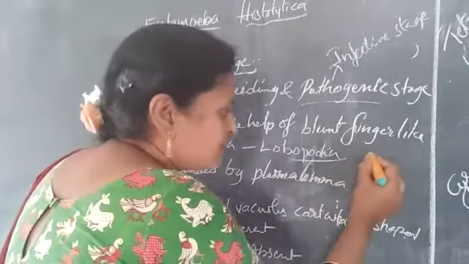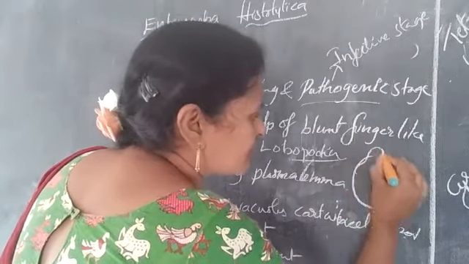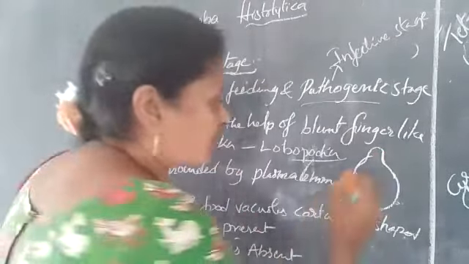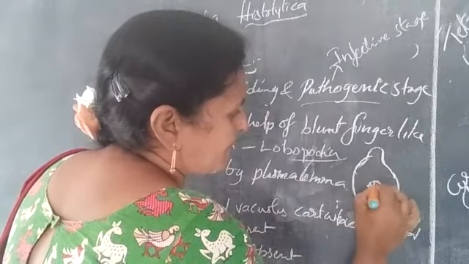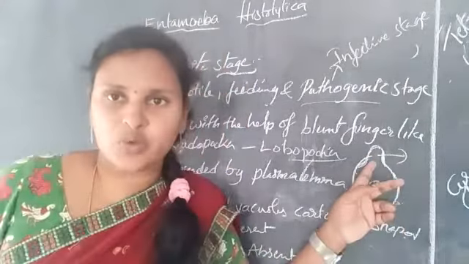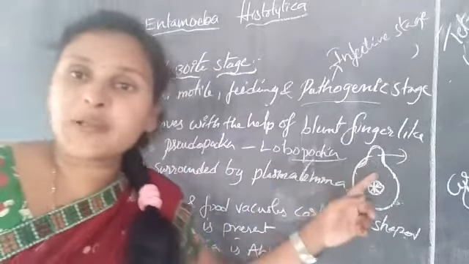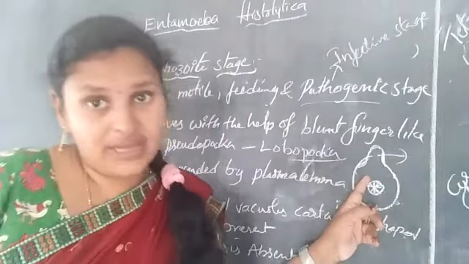For example, this is the structure of a trophozoite. This blunt finger-like structure is the pseudopodia, and it moves from one place to another with the help of pseudopodia, the lobopodia.